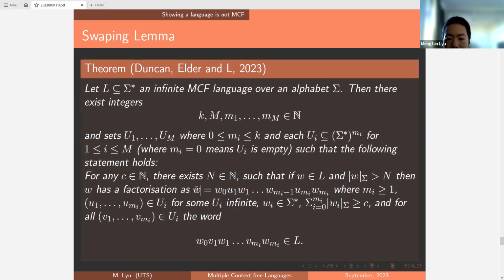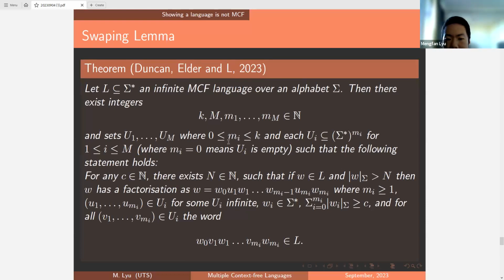For any word w that is long enough, we can cut it into 2mi parts, and instead of pumping it, we can swap u1 up to umi with something else.